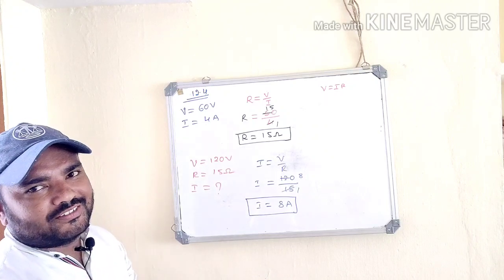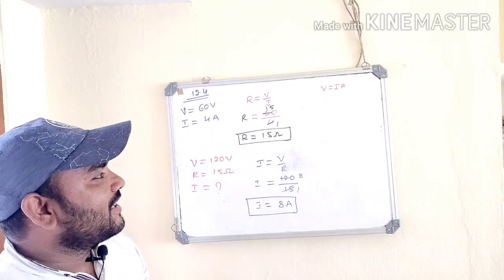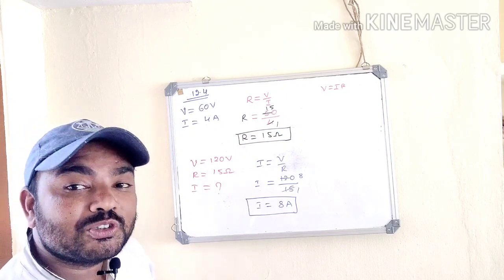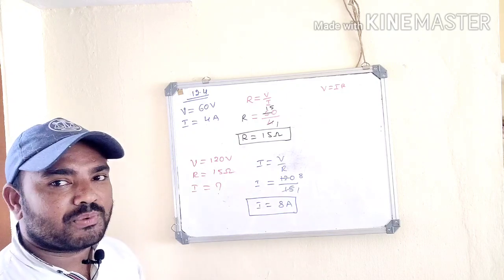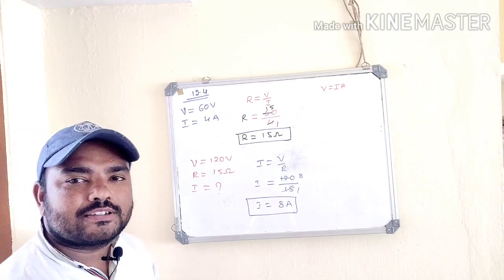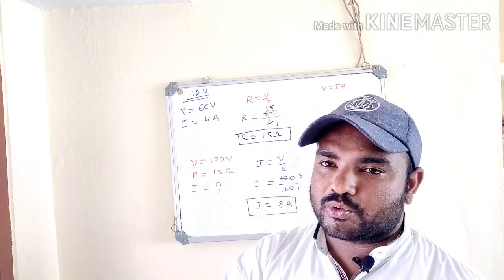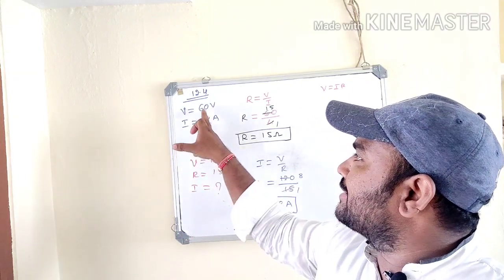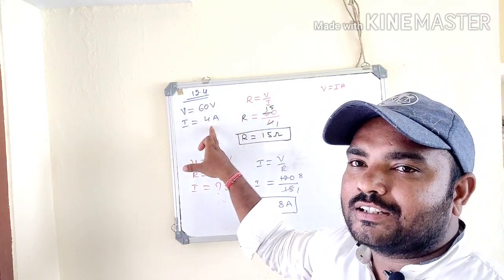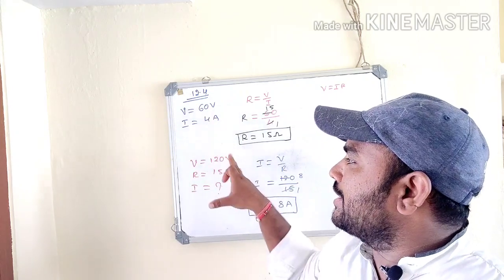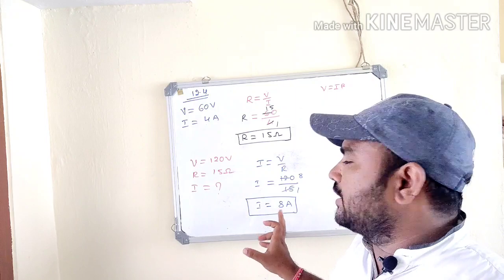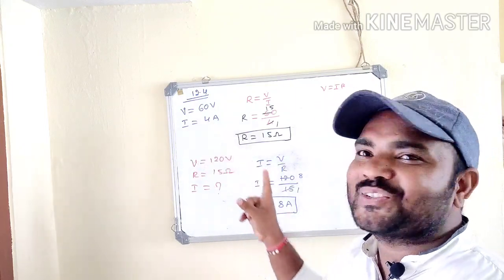And you see, Ohm's law tells us that as you increase the potential difference, the current also increases, because they are directly proportional when the temperature is constant. When the potential difference is 60 volt, the current is 4 ampere. Now when the potential difference is doubled to 120, the current is 8 amps, meaning the current also doubled.